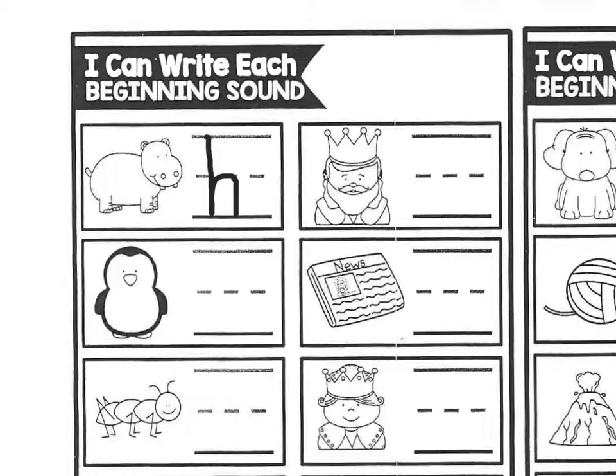Okay, moving on. Right beside the hippo, we have a king. Okay, king. I'll give you a moment to think of what sound or what letter the word king starts with.